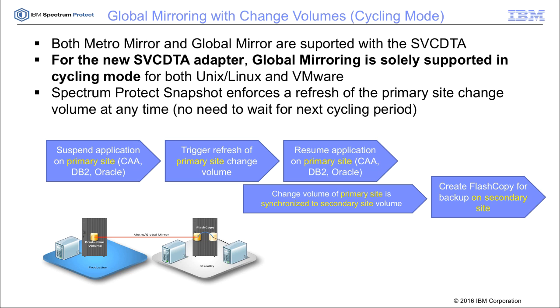And that change volume of the primary site is going to be synchronized to the secondary site change volume. At that point, Spectrum Protect is going to resume the application on the primary site, and then once the synchronization is complete, Spectrum Protect will create the flash copy for the backup on the secondary site.